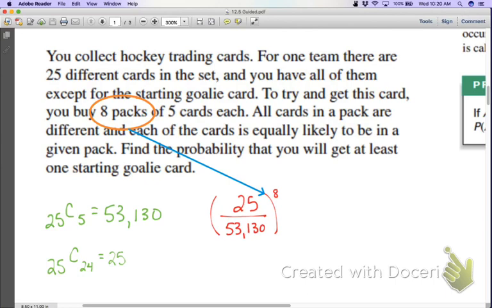Okay, so whenever I take 25 divided by 53,130 and I take it to the 8th power, okay, it's going to give me an error. I want to take that from 100%, because that's all the options. And I don't even know if you have the ability to do that. Nope, can't.